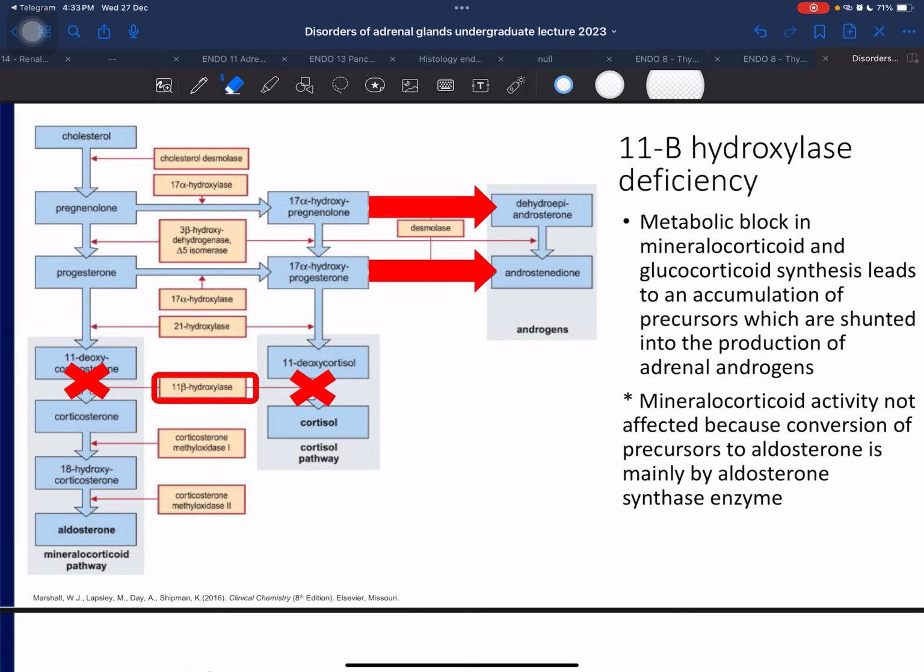This one is only in 11 beta hydroxylase, yeah? Just now this 21, you don't have anything to help with. Only 11 beta hydroxylase deficiency. You have aldosterone synthase enzyme, which is not shown here, that can help to convert small amounts to your final product, aldosterone. Okay. So this brings me to the clinical features here.